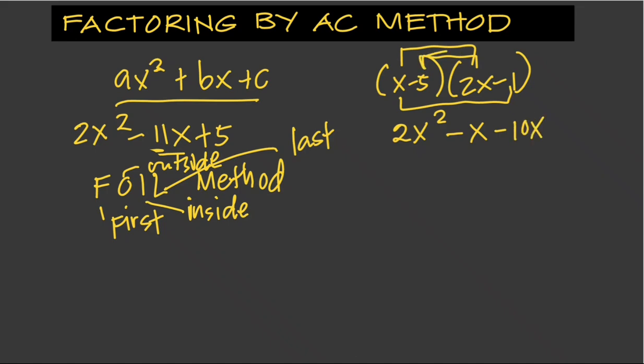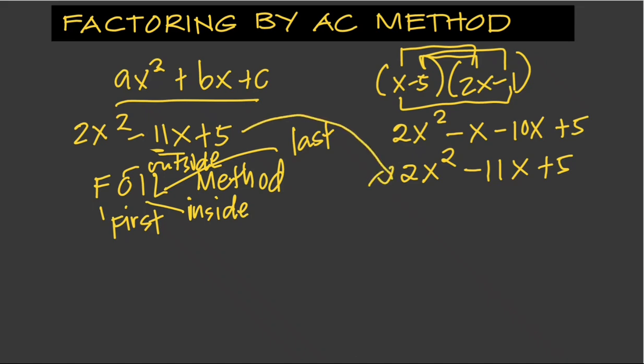And then the last: negative 5 times negative 1 is plus 5. Simplifying this would give us the original expression. Take note that they are equivalent, so that means our factors x minus 5 and 2x minus 1 are correct.